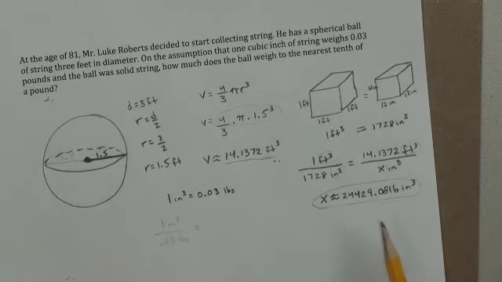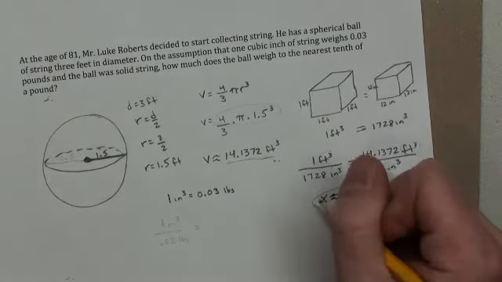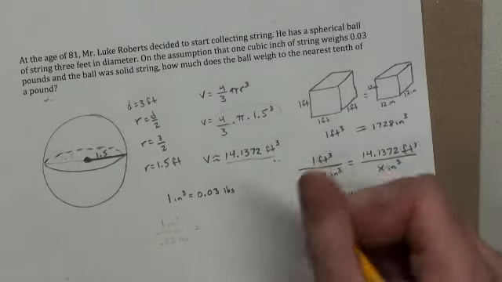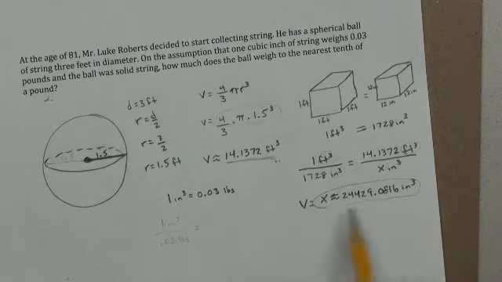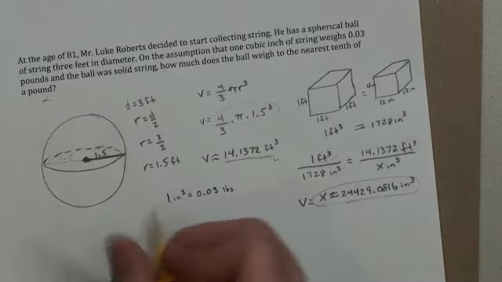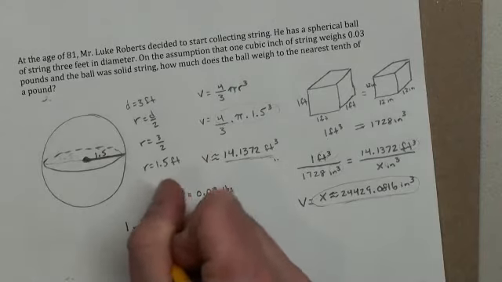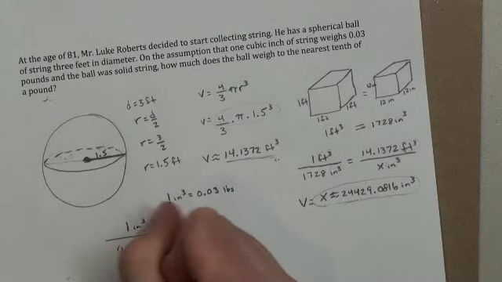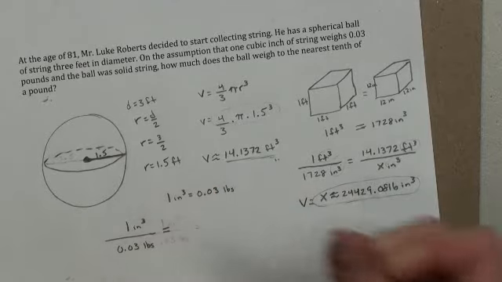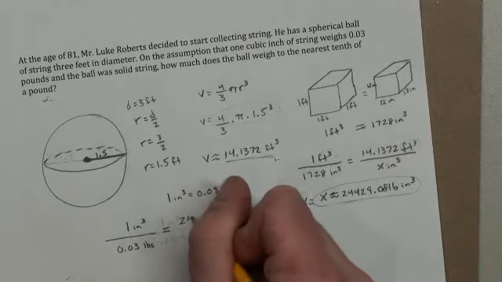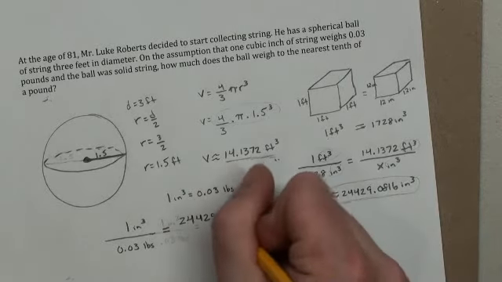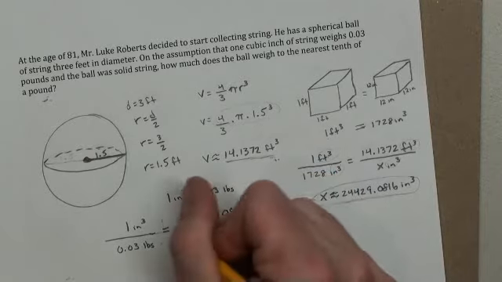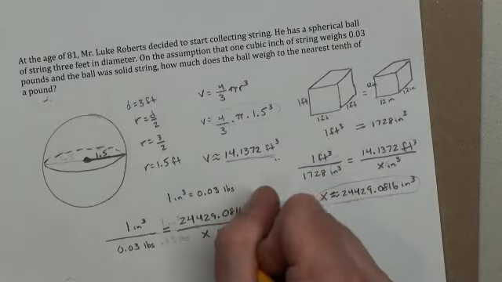So now we have this volume, right? This 14.1372 feet cubed is the same thing as this many inches cubed. So 1 inch cubed is 0.03 pounds. So then 24,429.0816 inches cubed is how many pounds?